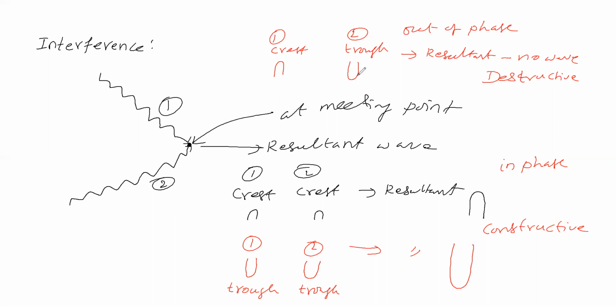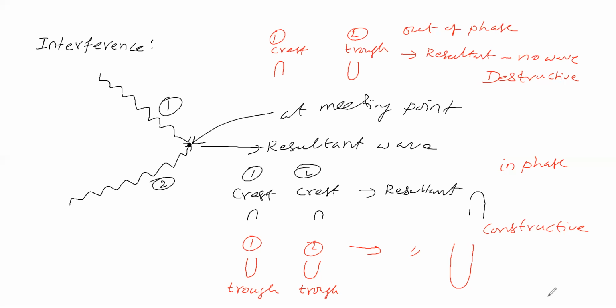Therefore, there is destruction of the wave. This results in instability for the system. So when two waves meet, the possibility is constructive or destructive interference: when the two waves are in phase, constructive; when out of phase, destructive.